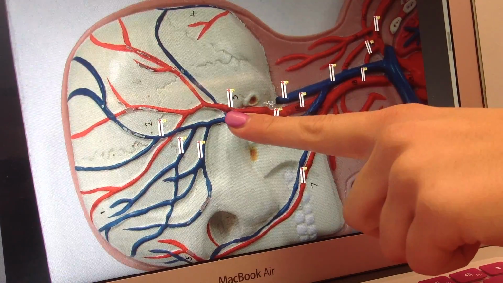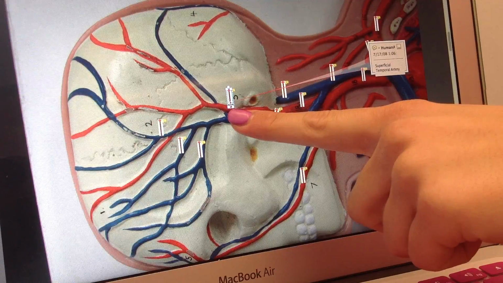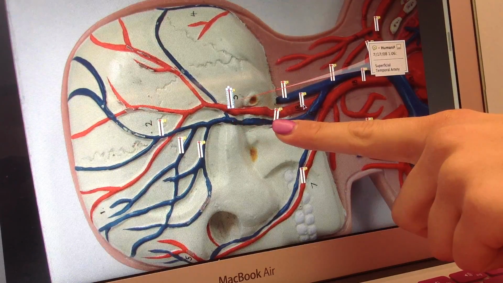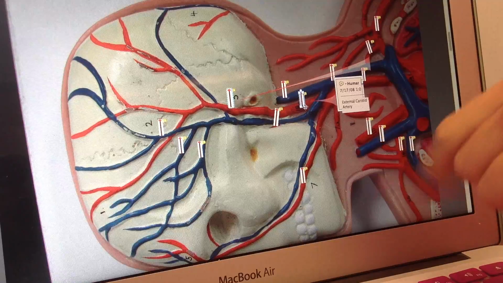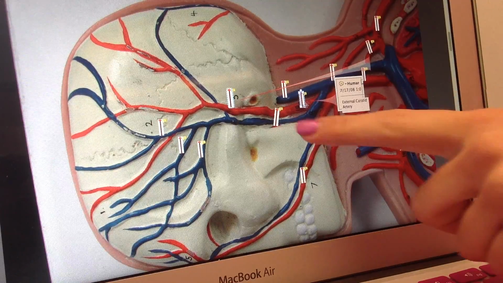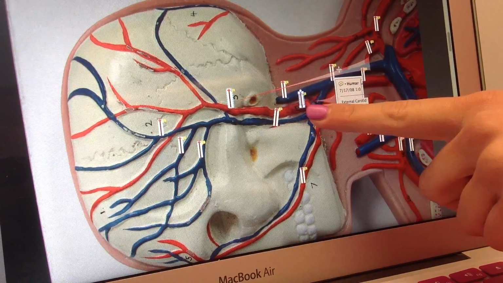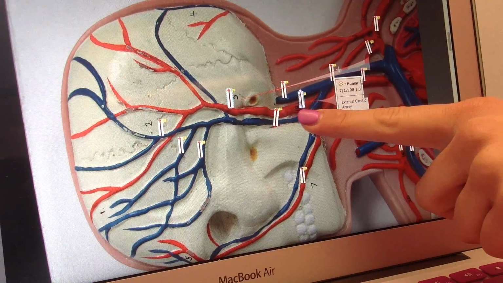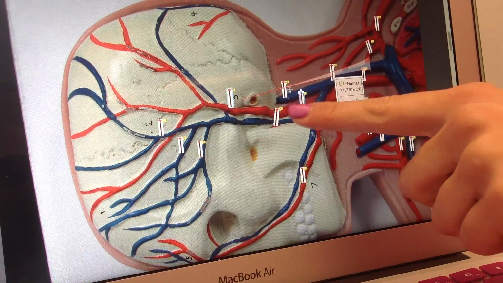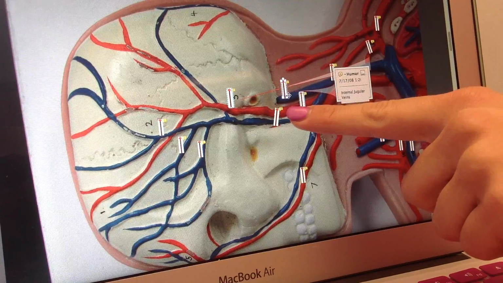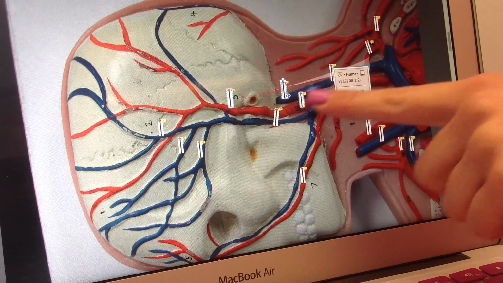Okay, moving down from that. Right from the superficial temporal artery, we're going to go right down to the external carotid artery. So this artery right here is the external carotid artery. The one next to it, which is the vein, is the internal jugular vein.